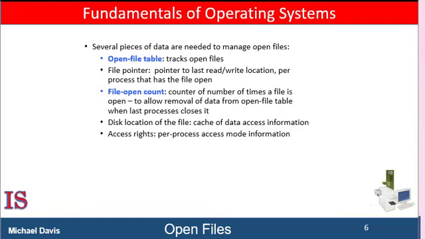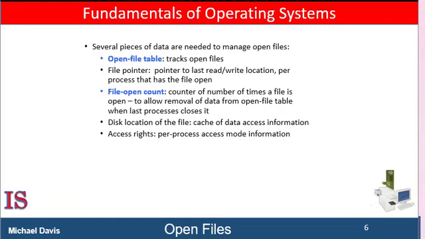When another process executes an open call, a new entry is simply added to the process's open file table, pointing to the appropriate entry in the system-wide table. Typically, the open file table also has an open count associated with each file to indicate how many processes have the file open.